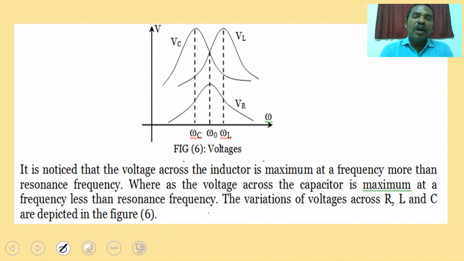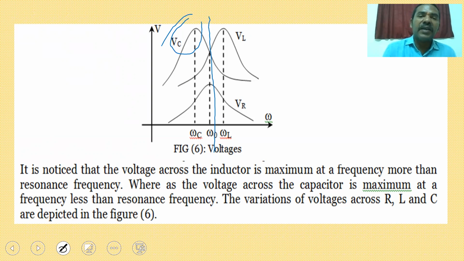So here before resonance, the voltage drop across the capacitor must be maximum. I already told before resonance the capacitive reactance will be maximum. After resonance the inductive reactance will be maximum.